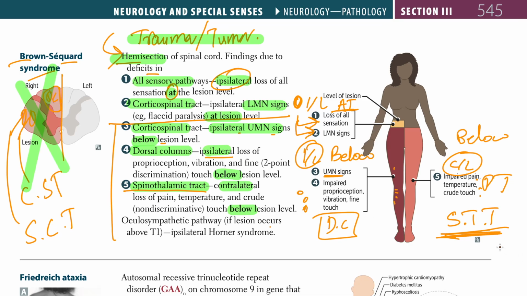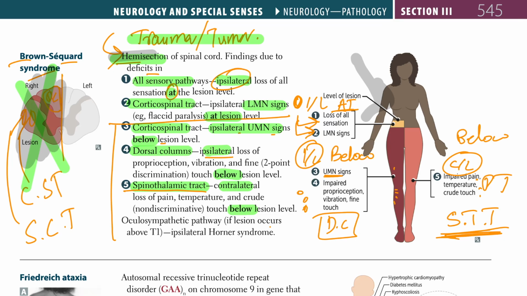Let's just review this and move on to the next. Here is just the hemisection. Ipsilaterally at the level of the lesion, you will not have any sensation. Just imagine you have a knife trauma that destroys half of the spinal cord; you will not have any sensation at that level.